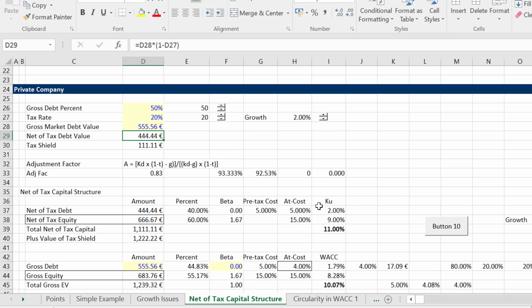Then let's take the debt, that's the gross debt, and take that net of tax. So if we have a debt that's at 50% net of tax, the true economic liability is 40%.